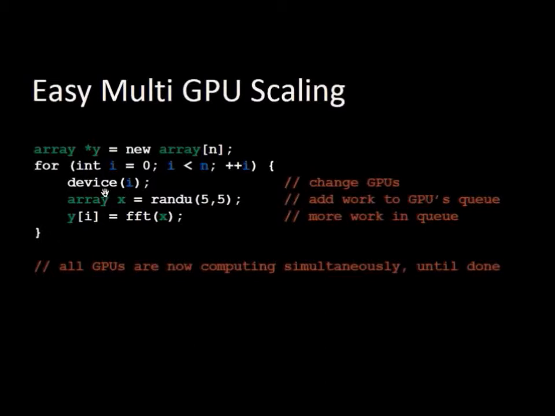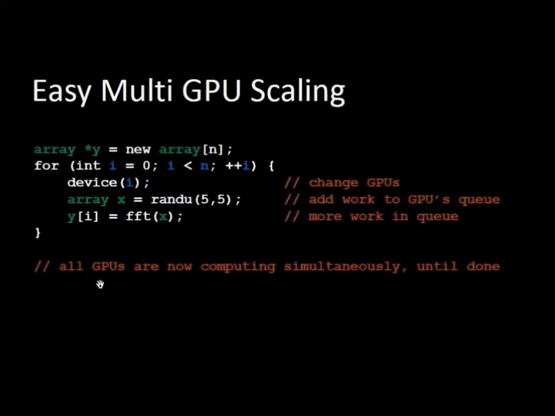You assign it to a GPU, and then you're doing your standard ArrayFire computation. At the end of the loop, all GPUs are now computing simultaneously until they're all done. So the loop body queues up a bunch of work for many GPUs to try to accomplish. All those GPUs get all this workload assigned to them.